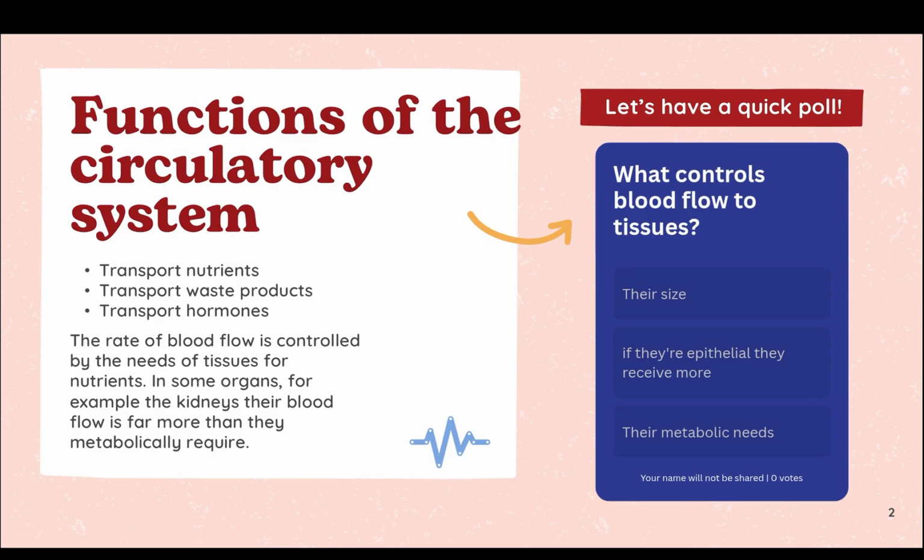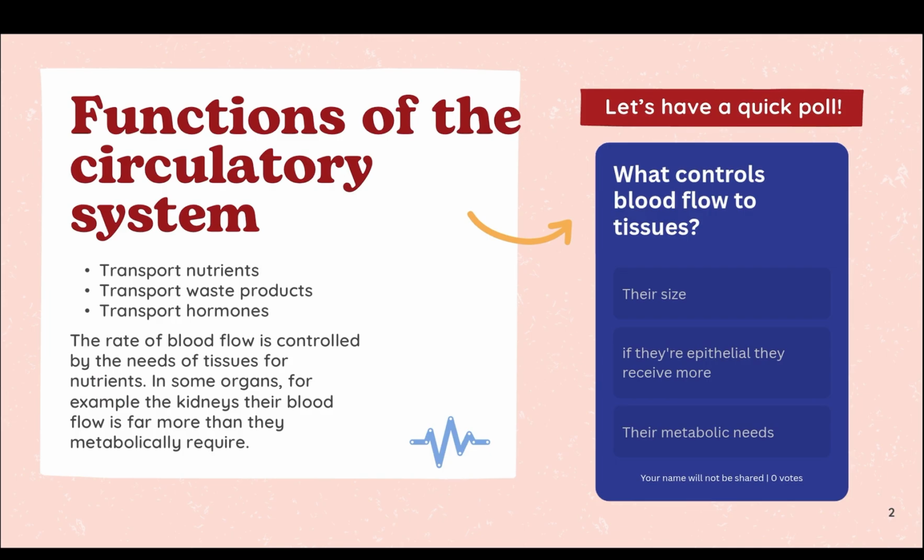For other organs, for example the kidney, the blood flow they receive is much more than their metabolic rate. So not every organ gets the exact supply of what they metabolically require. Some of them, like the kidney, get more than that.